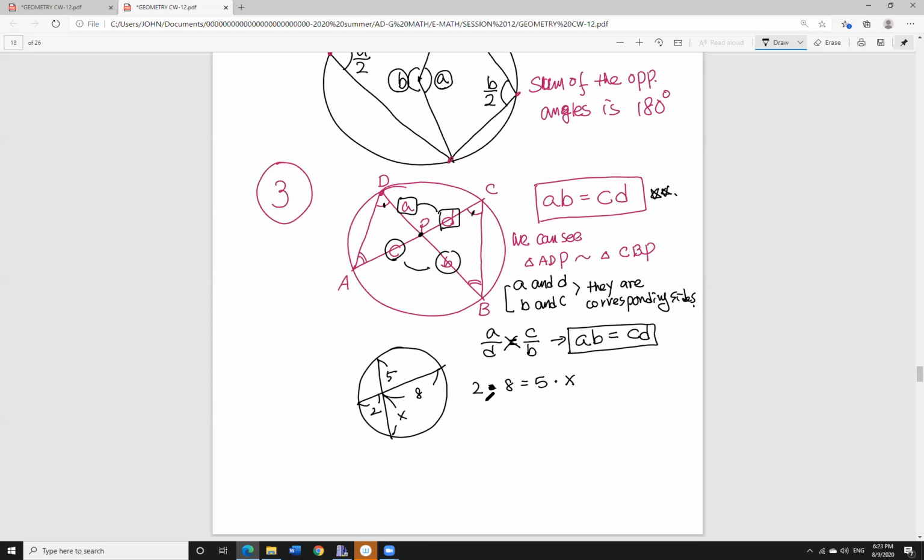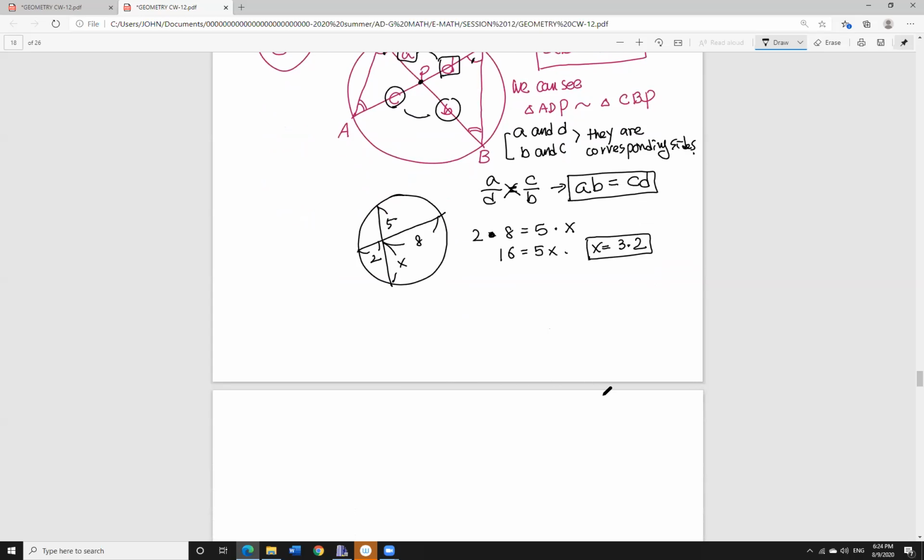That's the formula. 16 equals 5x. X equals how much? 3.2, right? That's it. Just use the formula. We proved it already, so just use the formula.